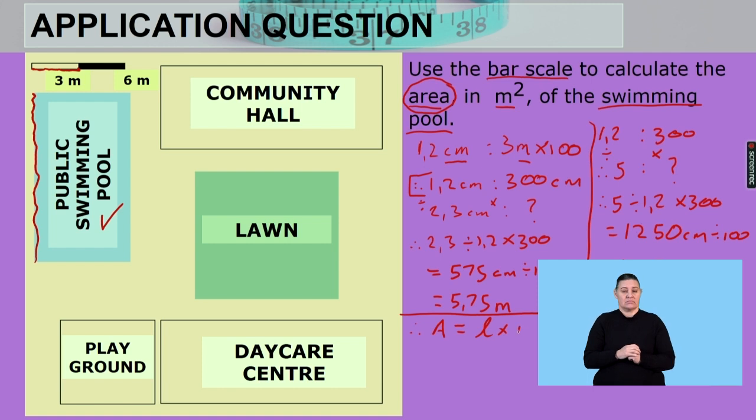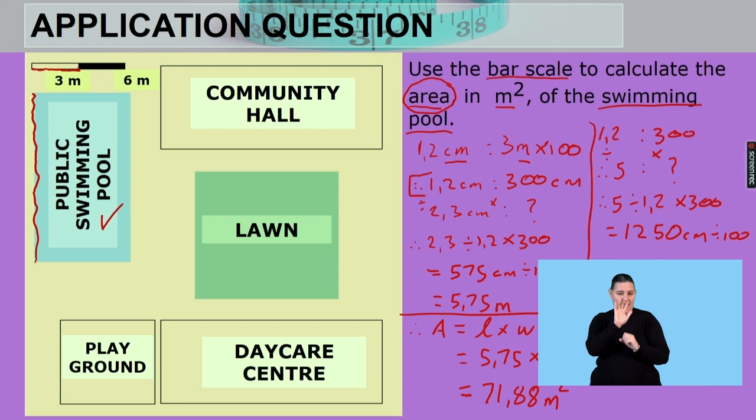So let's say length times width. That equals 5,75, and I'll times that by 12,5, and let the calculator do the work for me. So we get 71,88 meters squared, because we're talking area.